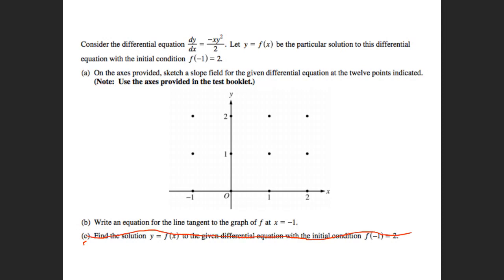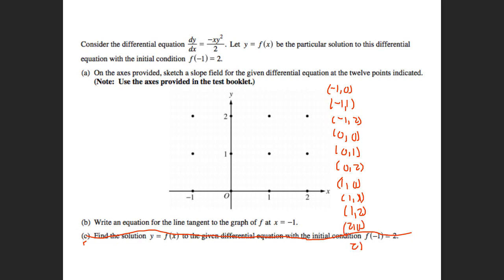In this one, again, the first thing that you're going to do is find the points. So I've got negative 1, 0; negative 1, 1; negative 1, 2; and then we've got 0, 0; 0, 1; 0, 2; and then we have 1, 0; 1, 1; 1, 2; and then we have 2, 0; 2, 1; and 2, 2.